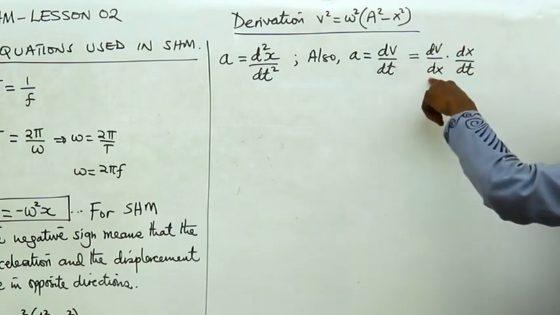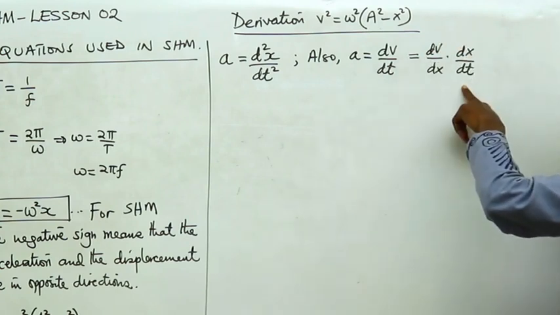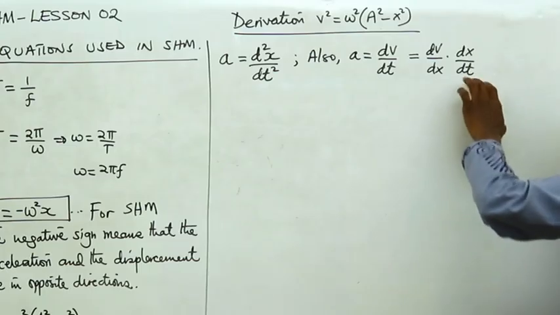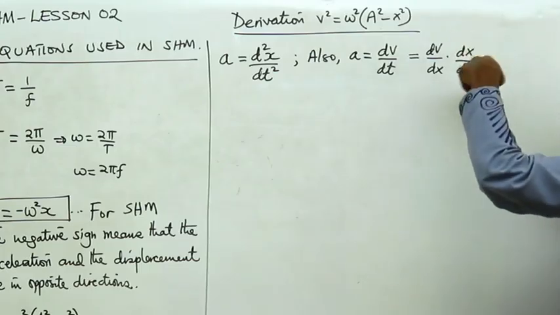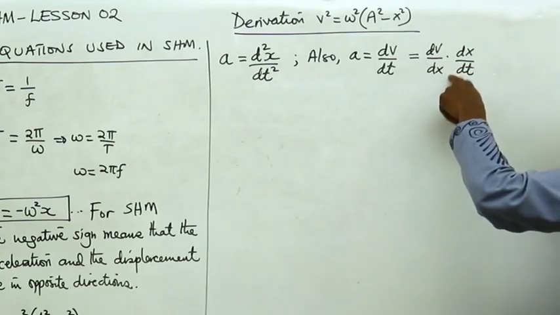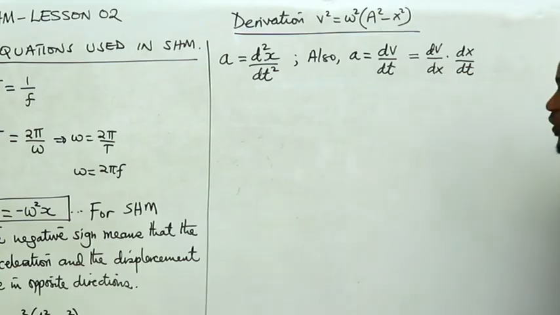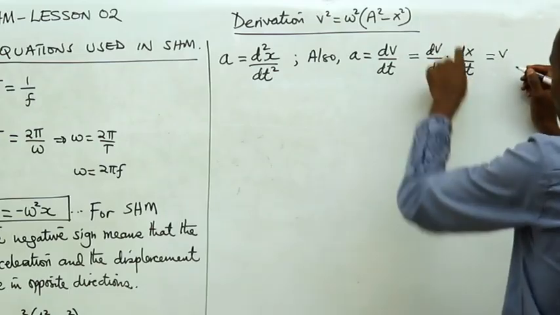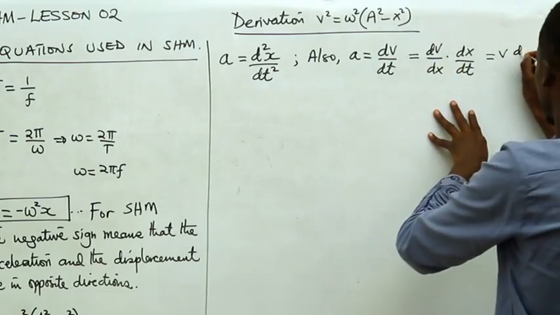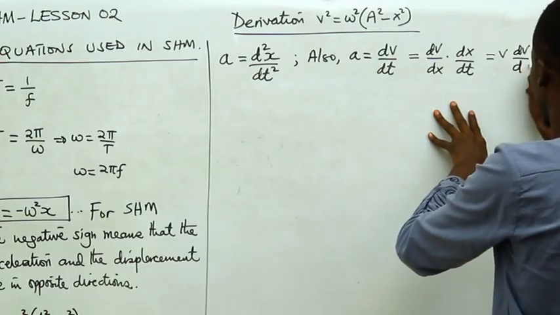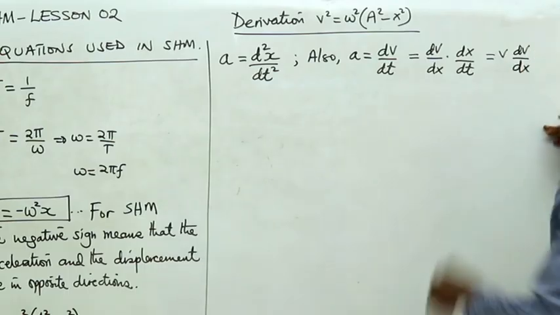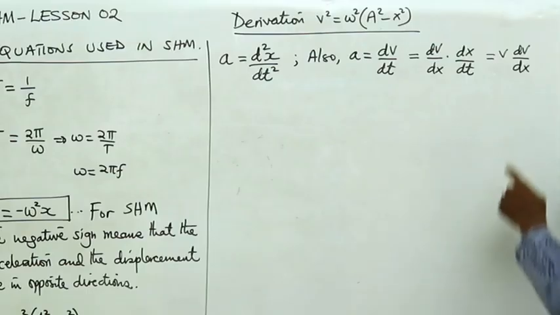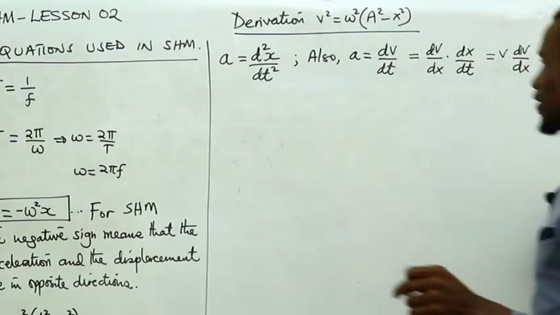What is the rate of change of displacement, dx dt, called? That one is called the velocity. So this can be written as v times dv dx. So now we have acceleration in terms of velocity and displacement.